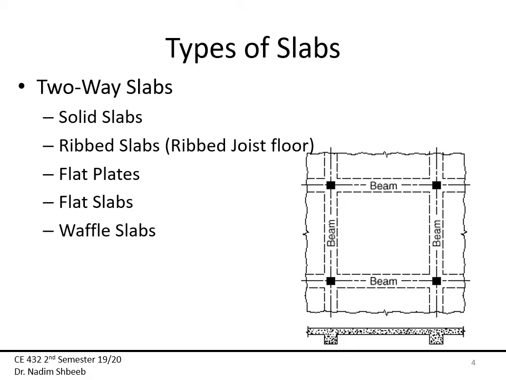If you take the waffle slabs, for instance, that length could go up to 14.5 meters, and your live load can go up to 10 kilogram per centimeter square. So you can see the range between the one-way slab and two-way slab. Okay, so this is just a brief info. Again, we are more concerned with one-way solid slab, and that's what I have to say about that.